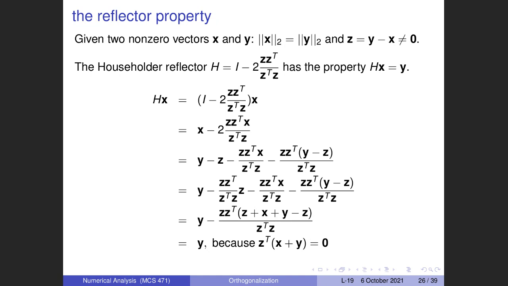If you work out very carefully the product of H with the vector x and then work out the properties of the inner products, you will see that things start to cancel out. We also use very critically this last property, that the factor in the numerator becomes 0, because of the very earlier lemma, the first lemma actually, that this vector z is perpendicular to the sum.